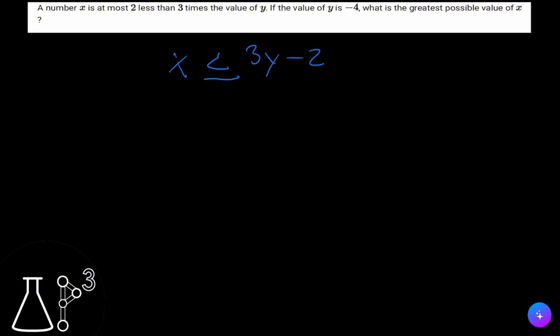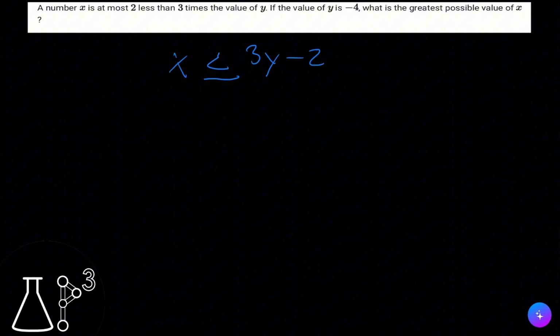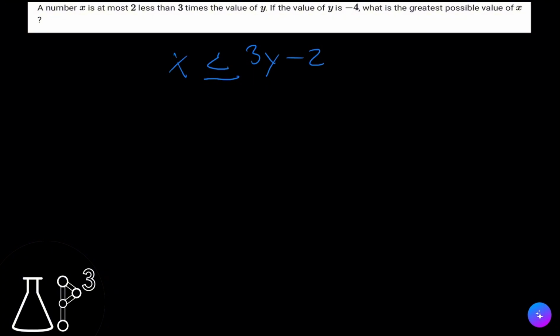And now I have my inequality: x is less than or equal to 3y minus 2. We're given that my y value is -4, and we want the greatest possible value of x. Well, if I plug in -4, I get x is less than or equal to 3 multiplied by -4 minus 2, which is x less than or equal to -14.